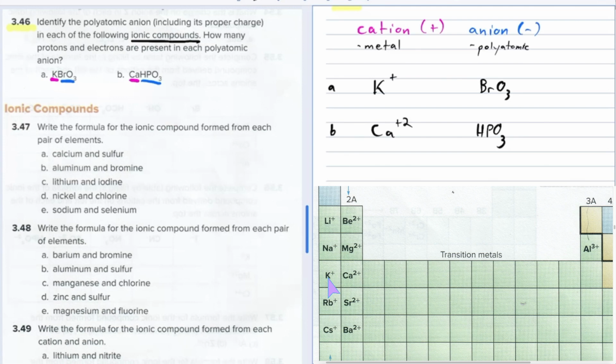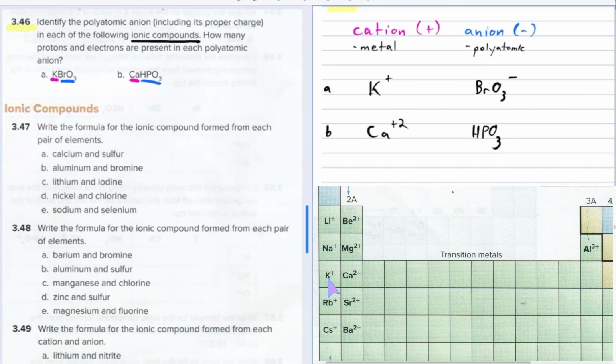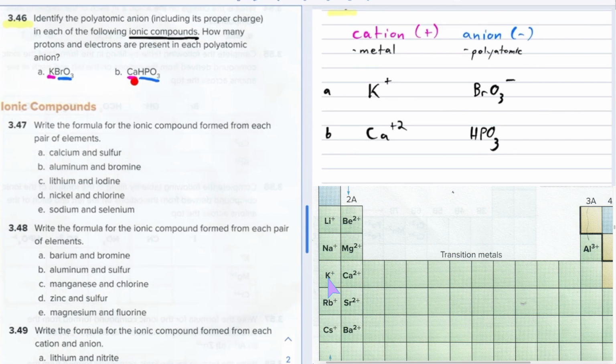Now, since charges have to balance, and you can see in the formula that for every one potassium, you've got one of these, then the charge on that guy must be the same magnitude but opposite. So minus. And likewise, you've got one calcium in the formula and one of these guys, so it must be -2.